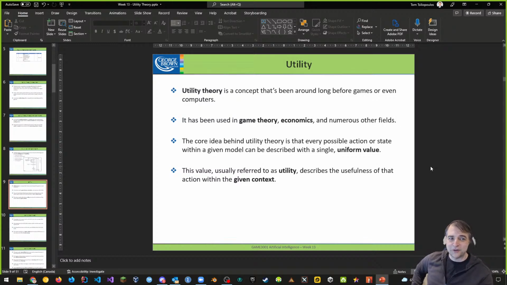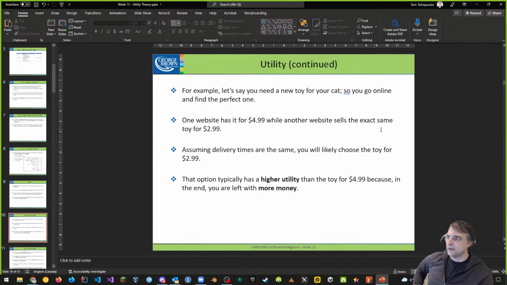It can be an introspective exercise. So again, the value we're talking about, this uniform value that you can assign to every action or inaction, is usually referred to as utility. That's what we talked about last week very briefly, and it describes the usefulness of that action within a given context. In this case, our given context is the game world, the game state, if you will.